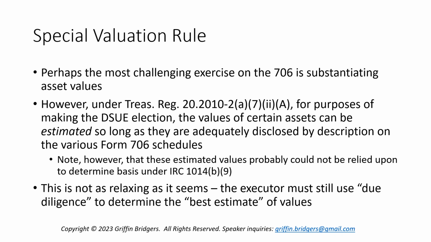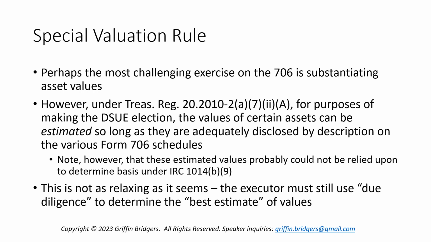Now, to claim the DSUE, to make a portability election, typically requires a fully completed estate tax return. But if your sole purpose for filing is to make the portability election and you're not otherwise required to file, it can be pretty burdensome to have to go through and substantiate all asset values on the 706.